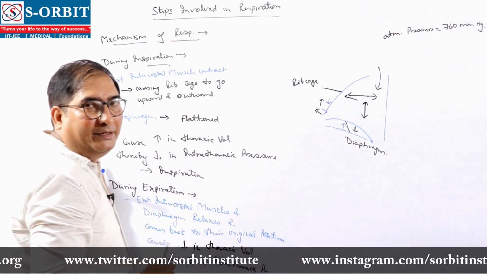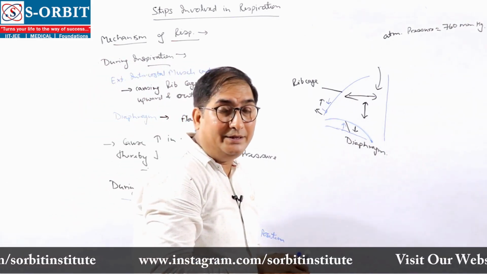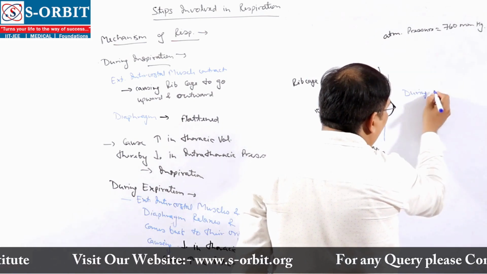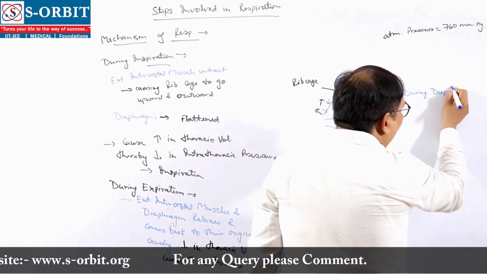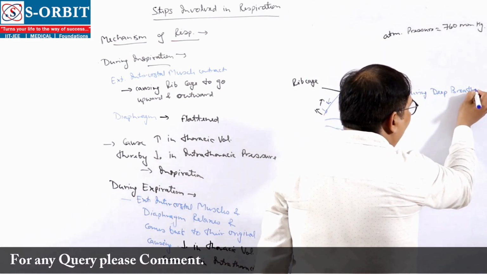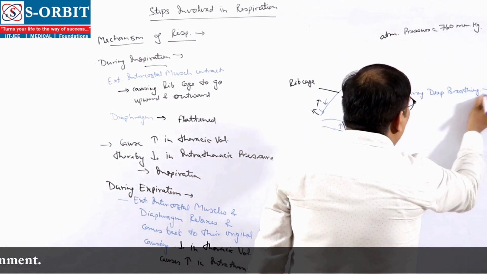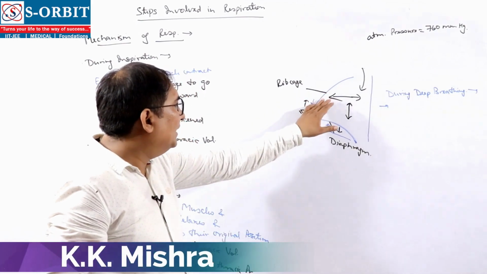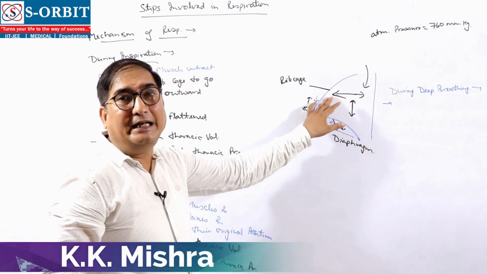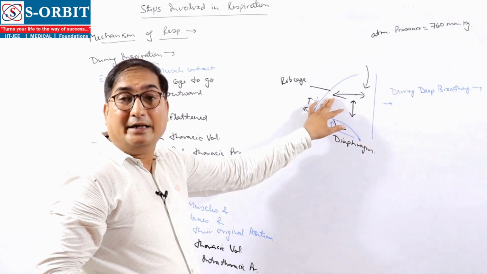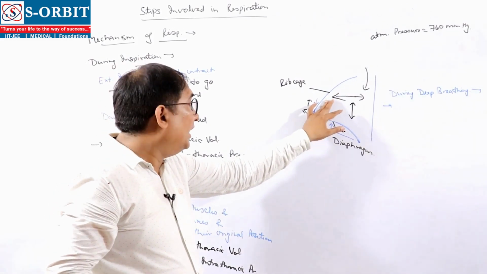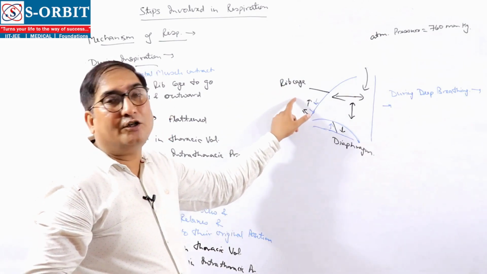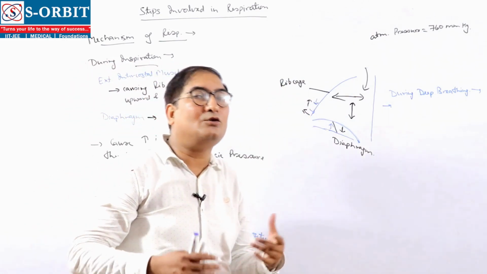That was during normal quiet breathing. What happens during deep breathing? During deep breathing, there are some more muscles, known as the internal intercostal muscles. Again, they lie between the ribs, internal to the external intercostal muscles. The internal intercostal muscles and the abdominal muscles contract.